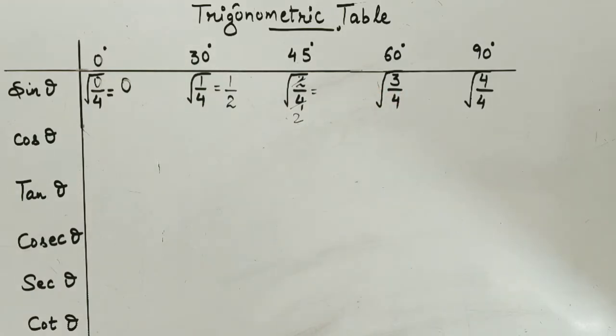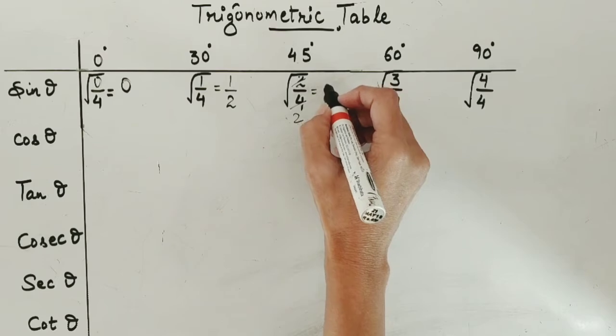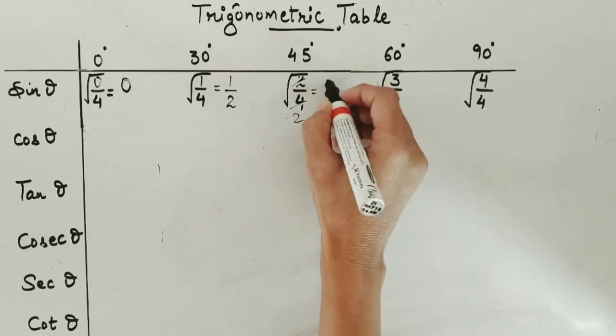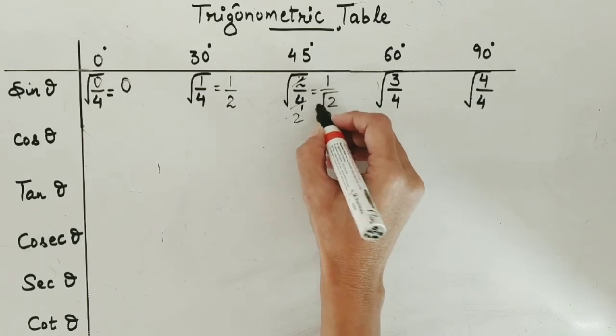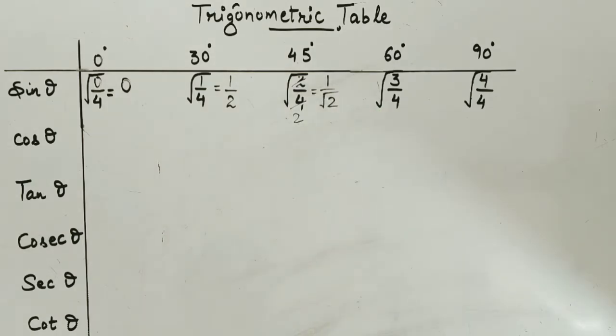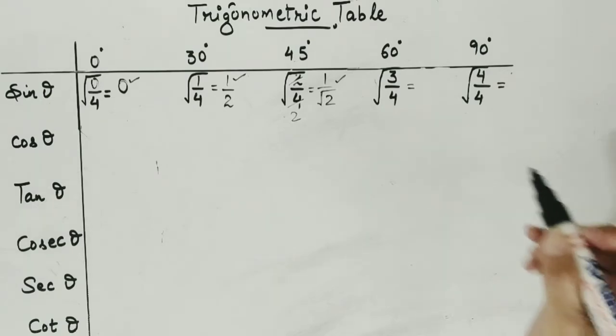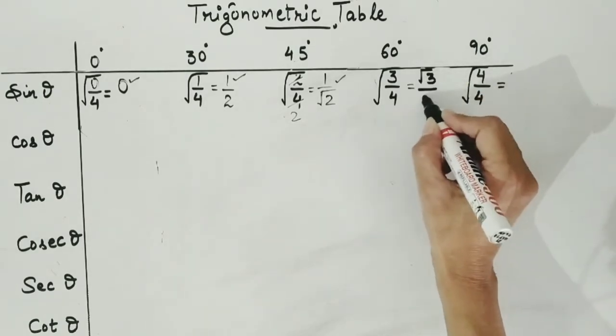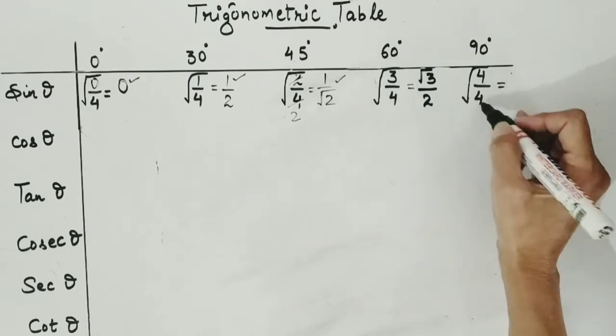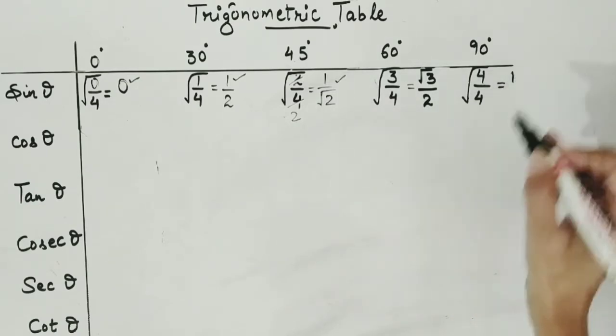So it becomes 1 upon, because square root of 1 would become 1 upon square root of 2. Sine 60 will be root 3 by 2, and 4 and 4 cancel, square root of 1 is 1.